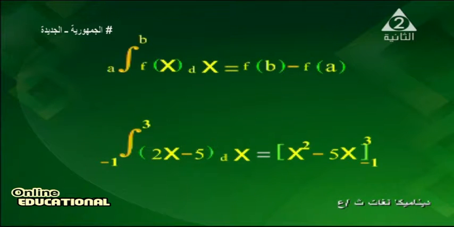Now we substitute: 3 squared minus 5 times 3 minus the bracket of -1 squared minus 5 times -1. The first bracket, 9 minus 15, minus 1 plus 5, which equals -6 minus 6 equals -12.